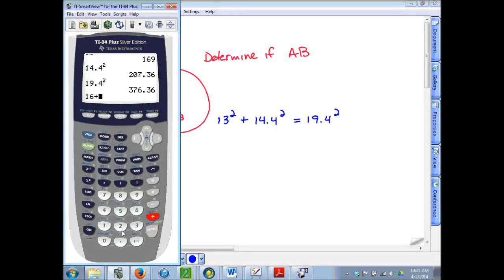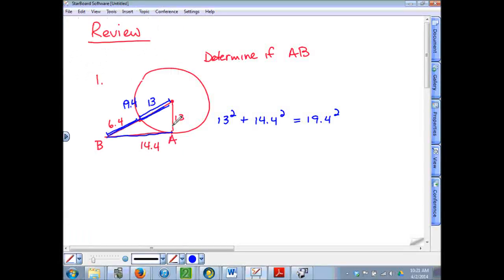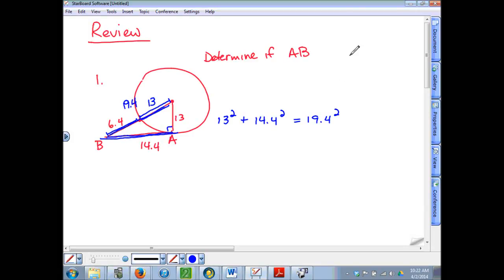So 169 plus 207.36. And it does. This is a true statement. That means this is a right angle. And in turn, what does that mean? It means that line AB is tangent. So the answer is yes.